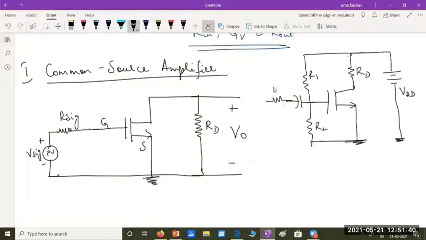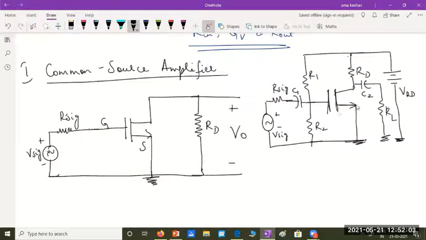Here you will have the signal connected, VSig and RSig. And again here you will have one more coupling capacitance, after which we will connect a load RL. So this would be an ideal amplifier circuit to consider, or a complete amplifier which we will usually consider.